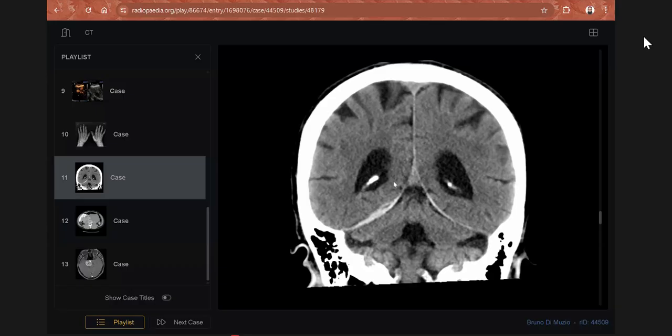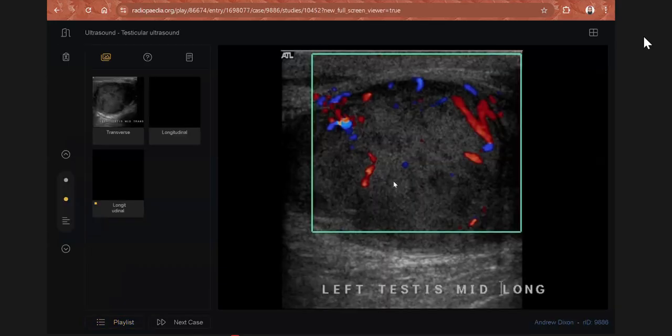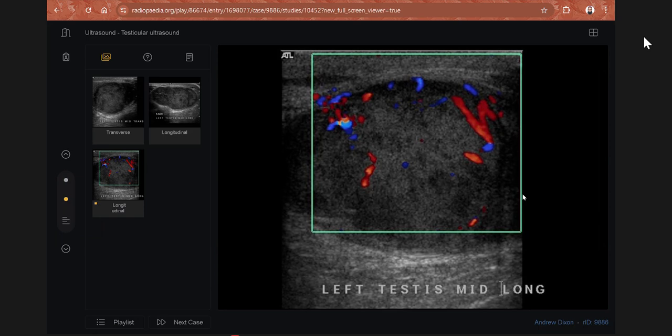Okay. So this is your next case. Sir, I've been presented with the ultrasound of the left testis. Sir, is it a static image? Yeah. In which I can see a heterogeneous echogenicity of the left testis, with increased vascularity that is noted within the parenchyma.